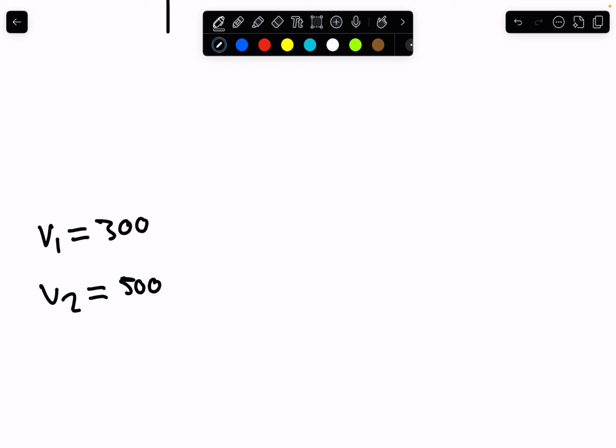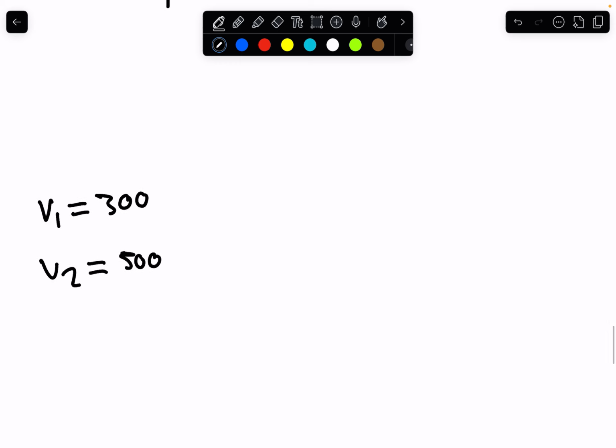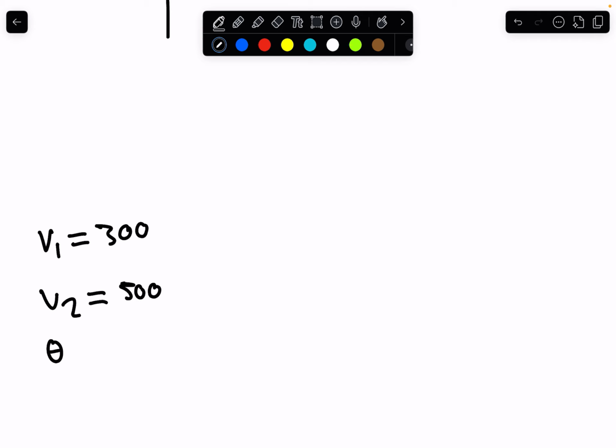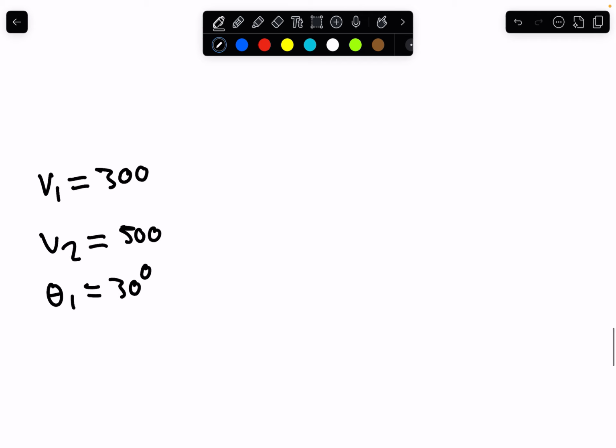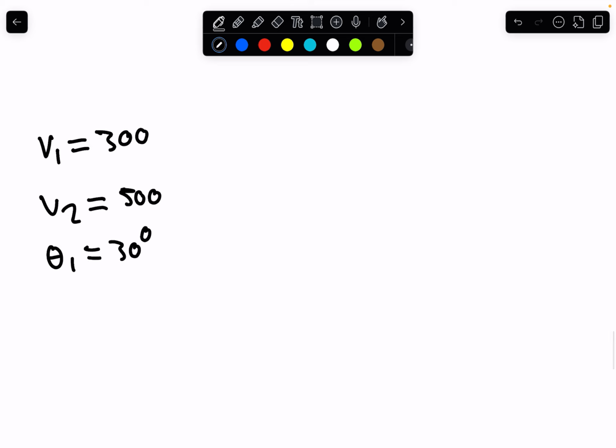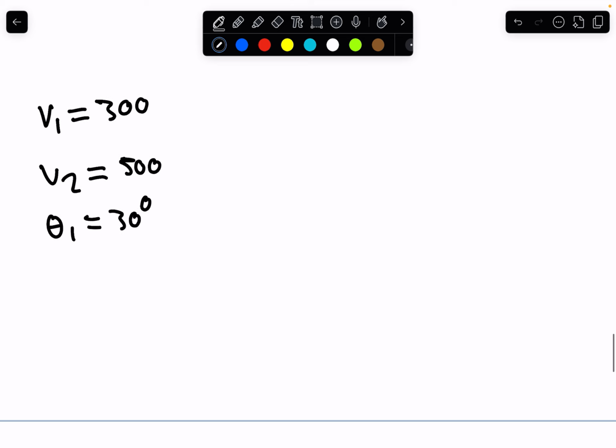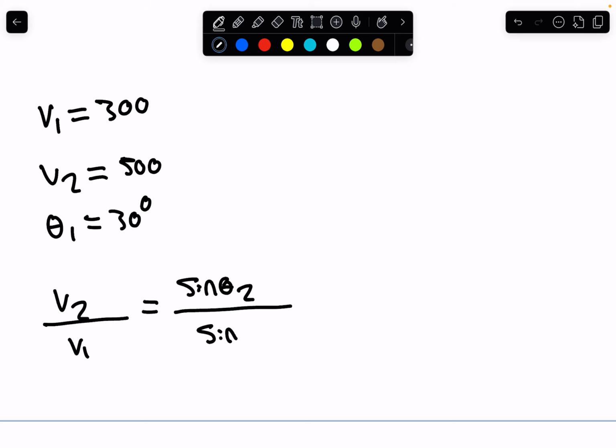So this angle he's telling us is the angle of incidence, which we call theta 1. So theta 1 equals 30 degrees. Well, we're given three givens, using Snell's law, which states that V2 over V1 equals sine theta 2, which is the angle of refraction, divided by sine theta 1.